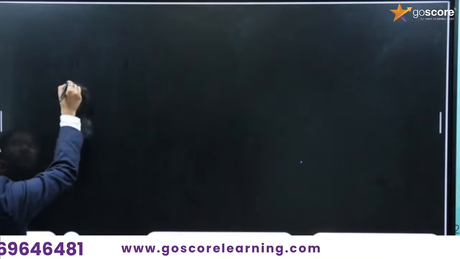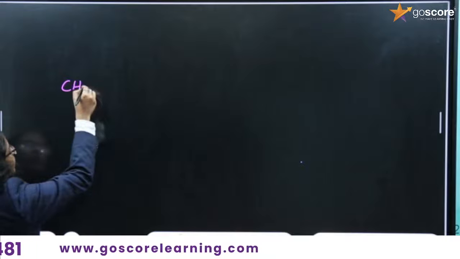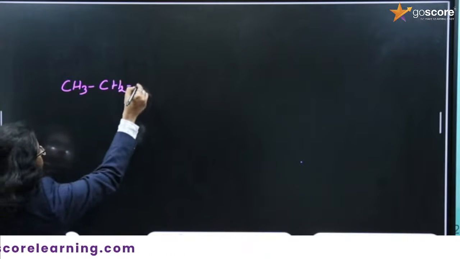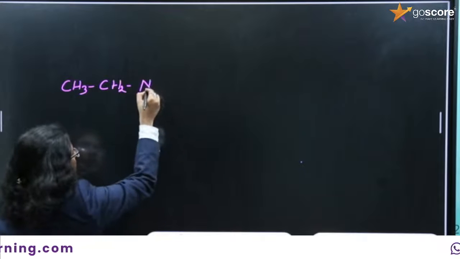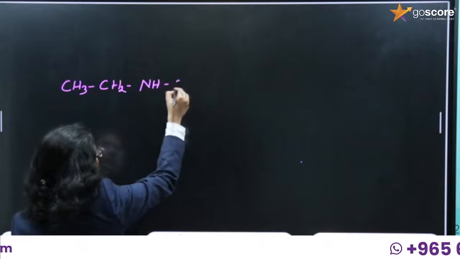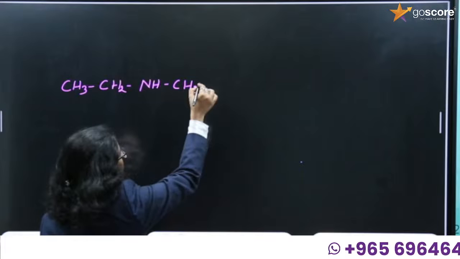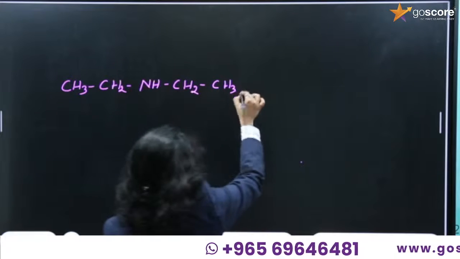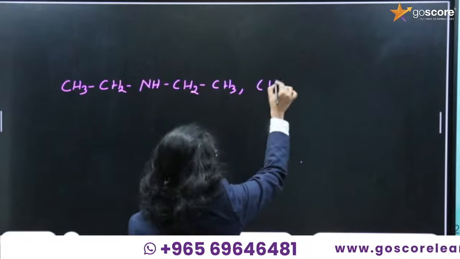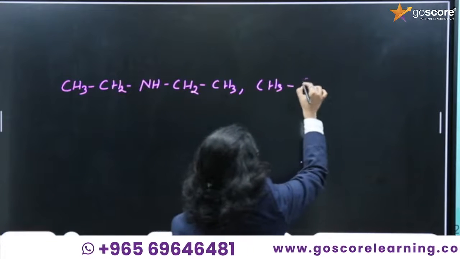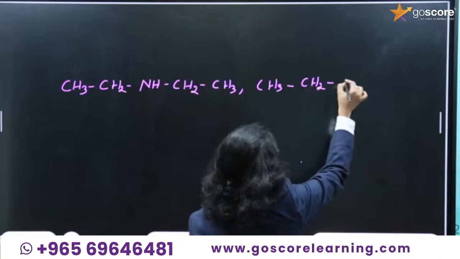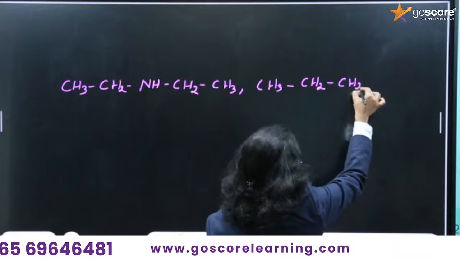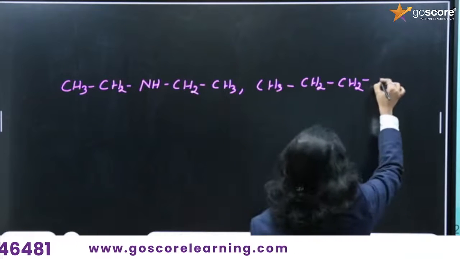Next question is write the increasing order of their boiling point. CH3CH2NHCH2CH3, then CH3CH2CH2NH2.